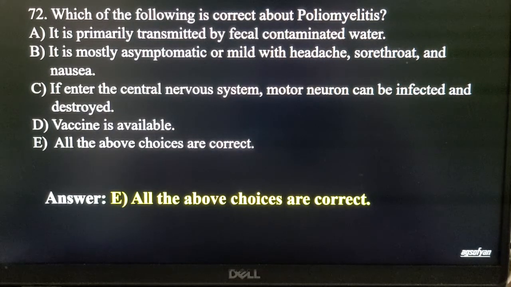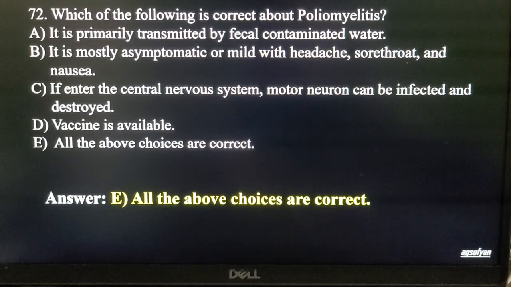So poliomyelitis is mostly transferred by contaminated water. So this is oral transmission of viruses. And it's mostly asymptomatic. About 80% of people who have polioviruses in their stomach and intestine usually will not show any sign or symptom.